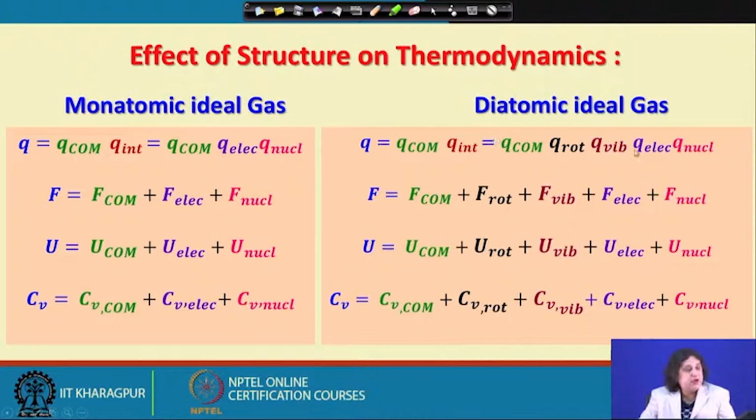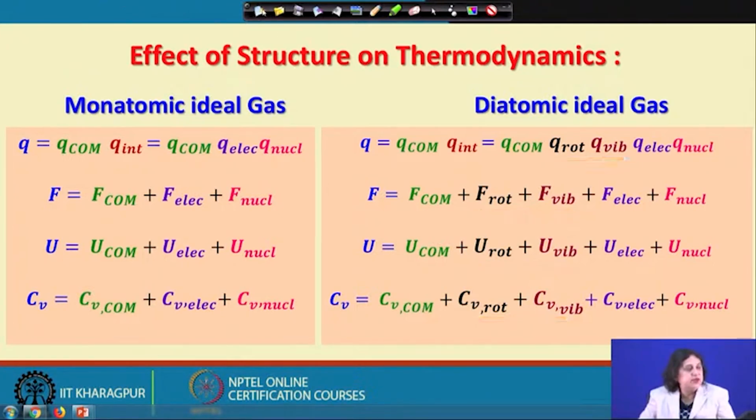in this case, because of the presence of these two extra terms that you see here, there are two extra terms appearing in all the thermodynamic properties, which can be attributed to the effect of discrete energy levels present for the rotational and the vibrational degrees of freedom for the diatomic case.